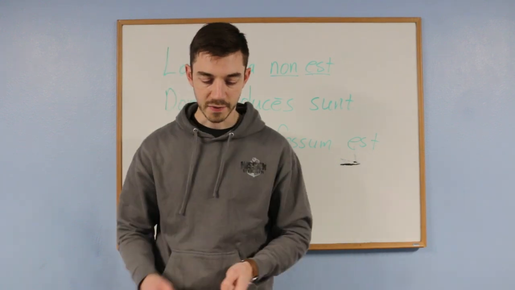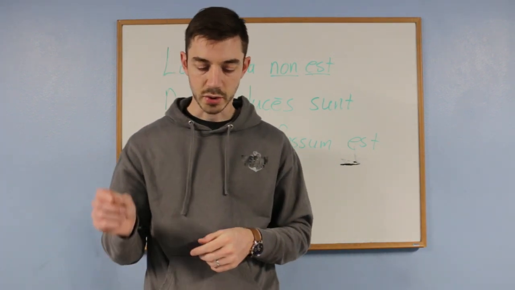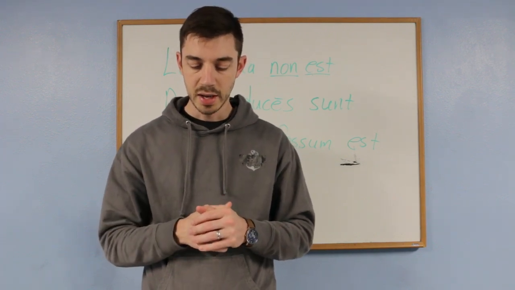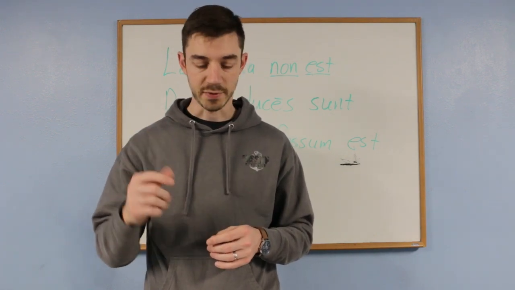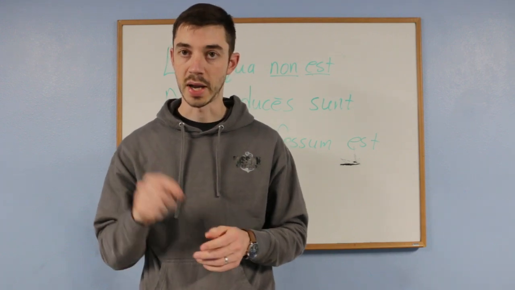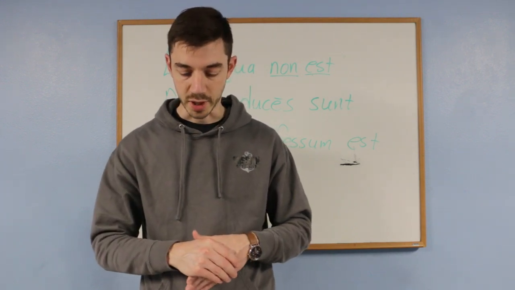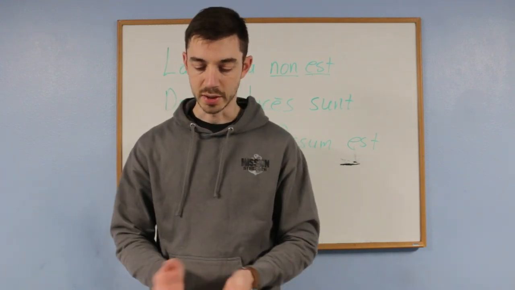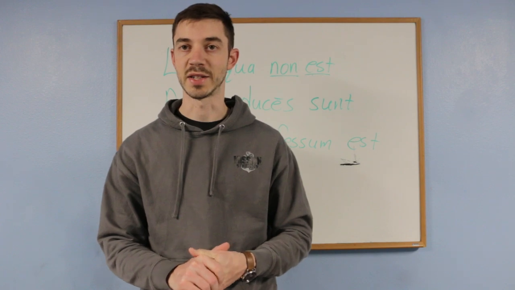Okay, and then in the fabula, you can circle any nouns that are in the nominative case, and you can mark them with an NS for nominative subject or an NP for nominative predicate. And that will help prepare you to translate the fabula together in class this week.